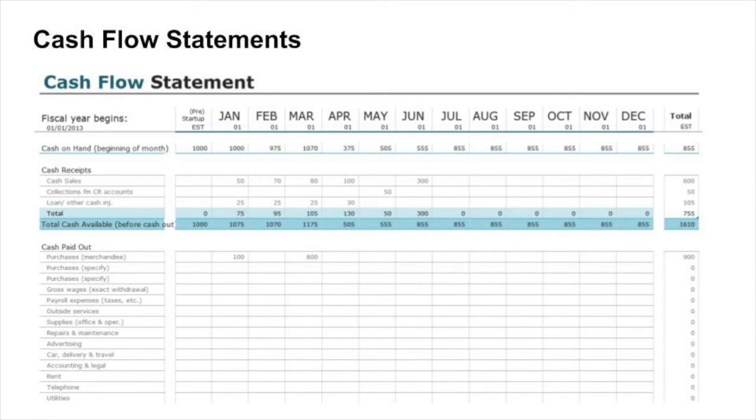A cash flow statement really is the cash balance and the monthly cash flows for the first 12, sometimes you can have 18 months. This includes what's called working capital, which is the amount of money you've got to play with, salaries, sales, all those things you're going to have to consider.